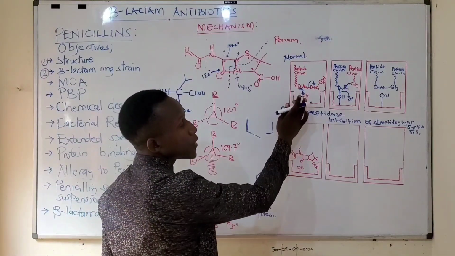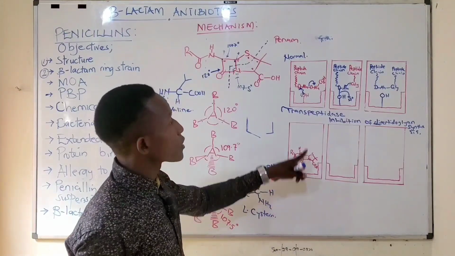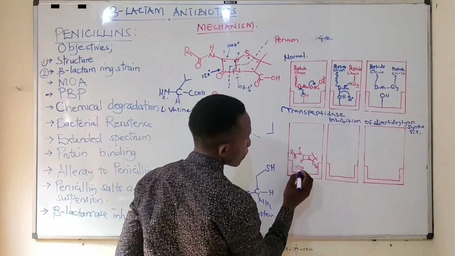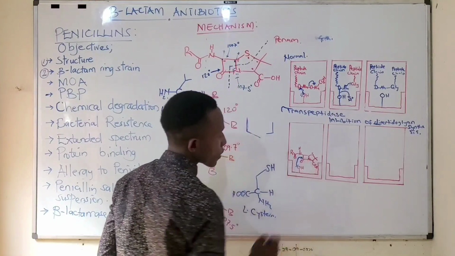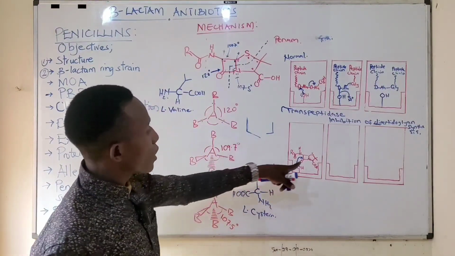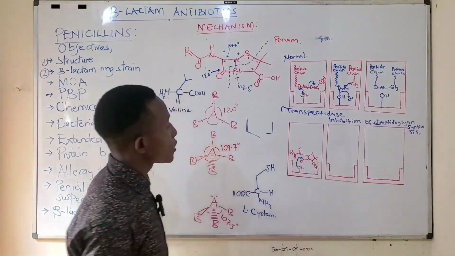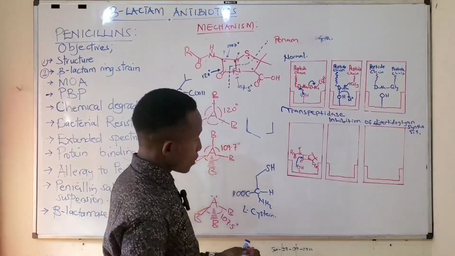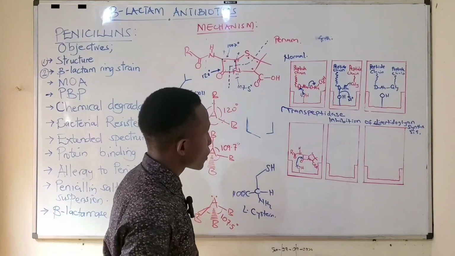Now remember, we cleaved the D-alanine. Now we have penicillin instead of D-alanine. So the OH group will then attack this carbon. When it attacks that carbon containing the O, this bond will be cleaved. As we said, the ring is strained. So most of the reactions will end up breaking the beta-lactam ring.